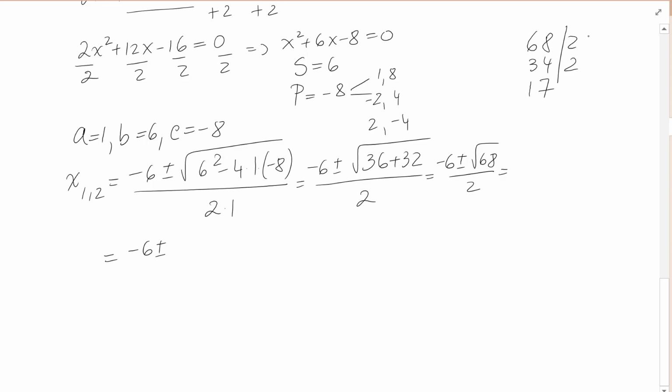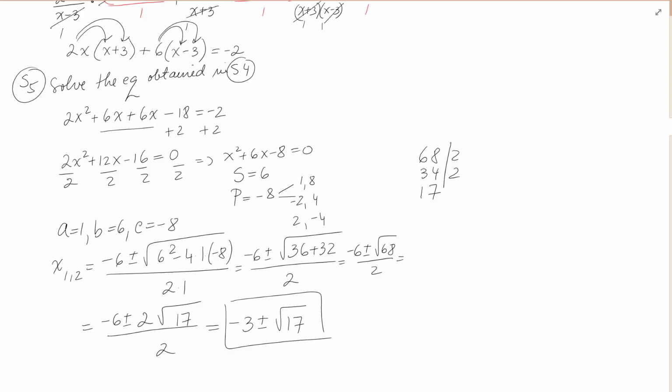So that can be simplified to 2 square root of 17 over 2. So negative 6 divided by 2 is negative 3, plus minus 2 square root of 17 divided by 2 is square root of 17. So negative 3 plus minus square root of 17 is the solution of the equation.